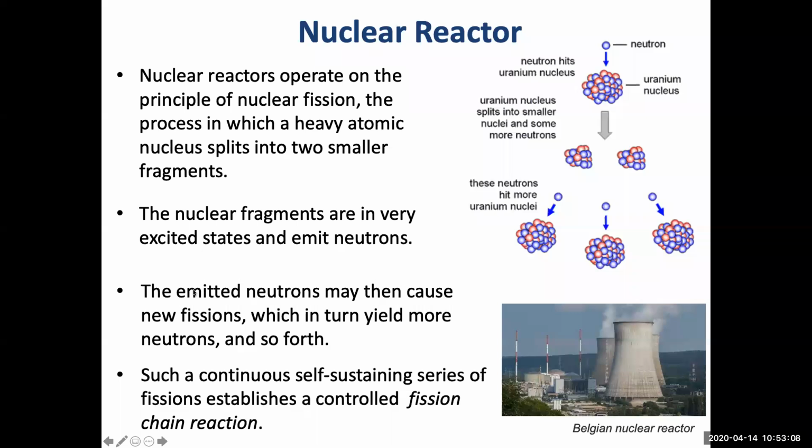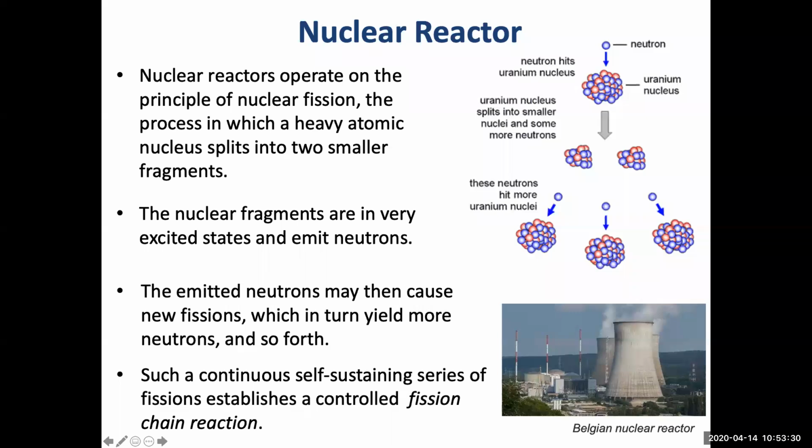It is a sequence. Such a continuous, self-sustaining series of fissions establishes a controlled fission chain reaction. A neutron hits uranium, we get fission. This fission also produces another neutron. This neutron produces another fission, and so on.